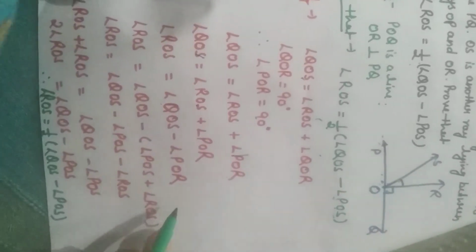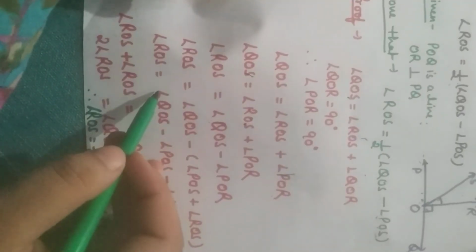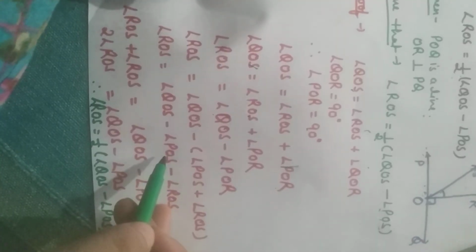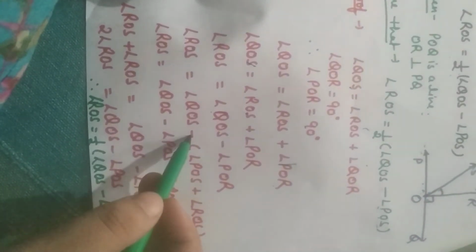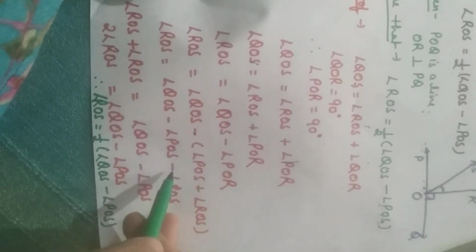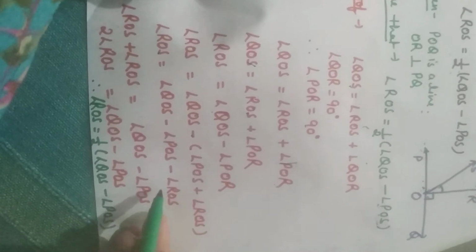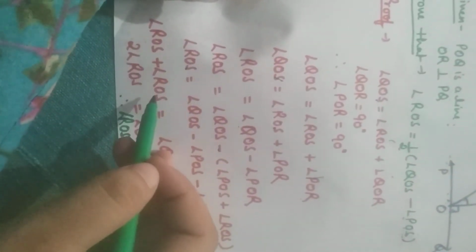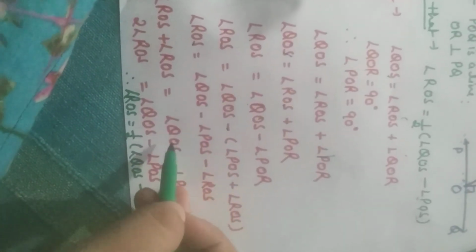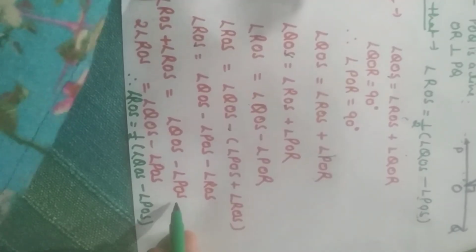and ROS. Okay, now open the bracket here. Angle ROS is equal to angle QOS minus angle POS, and when the minus bracket opens, it is minus angle ROS. One ROS is here, one ROS is here, so minus ROS will go to the left hand side. So ROS plus angle ROS is equal to angle QOS minus angle POS.